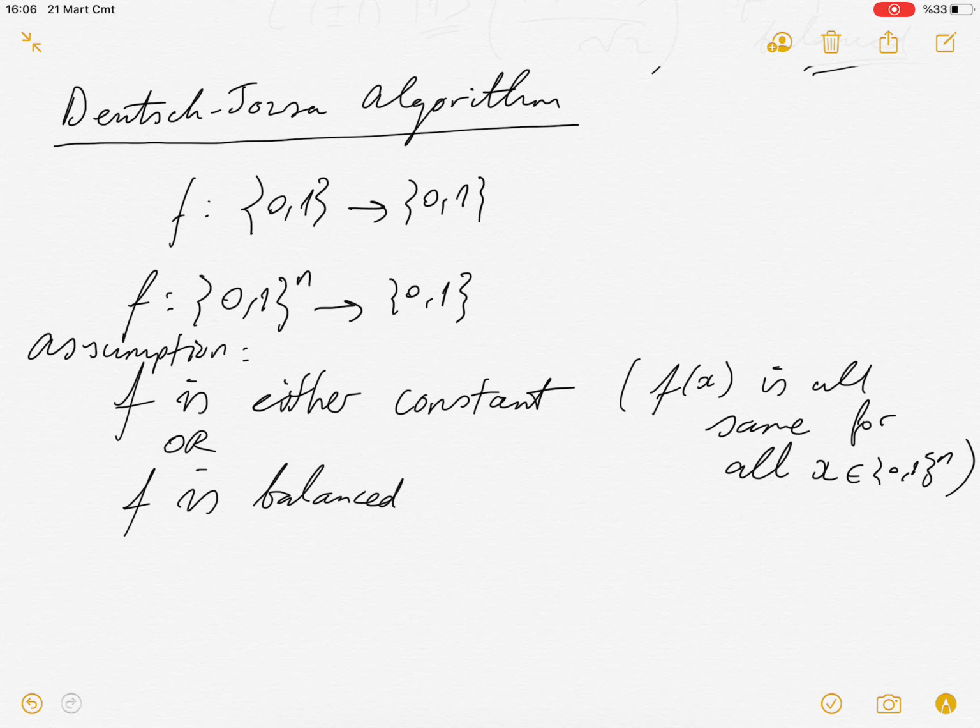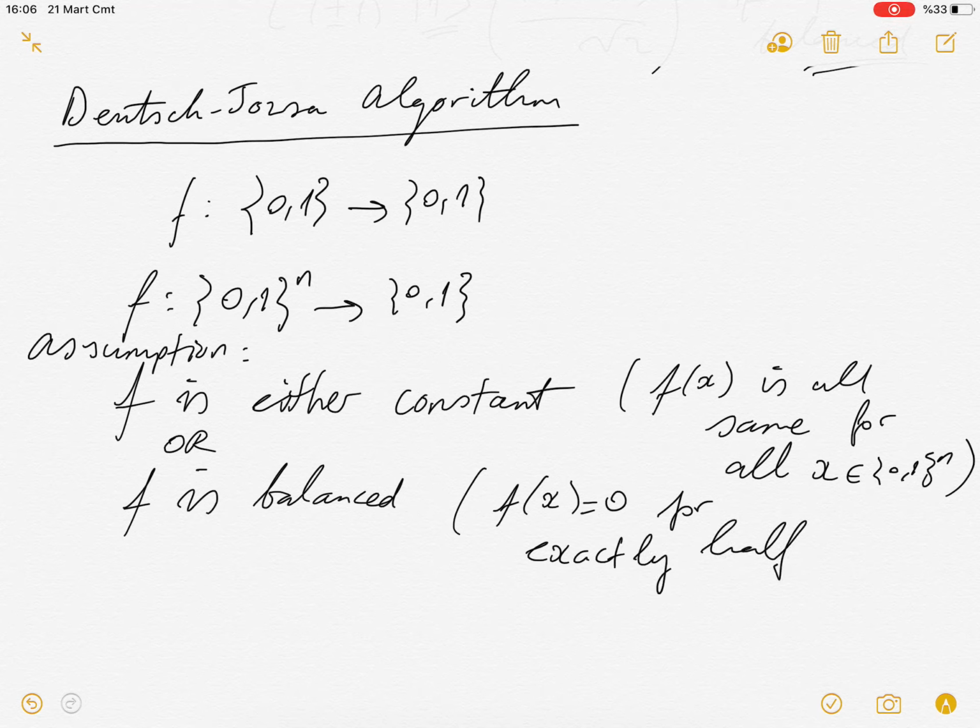In this case, balanced means that f(x) is 0 for exactly half of the inputs, and it's 1 for the other half.